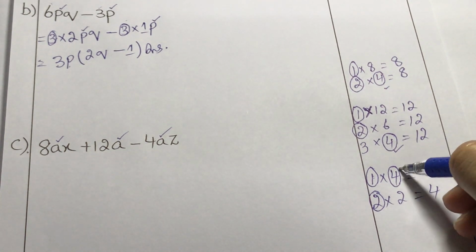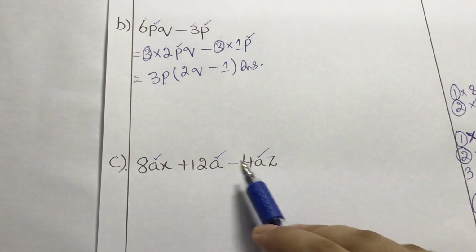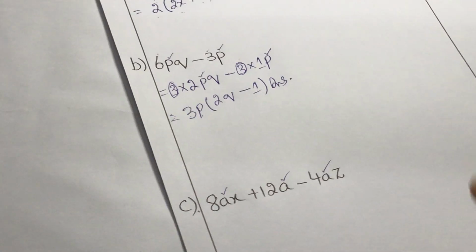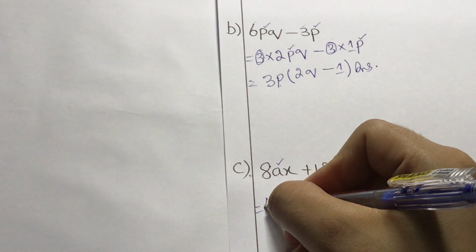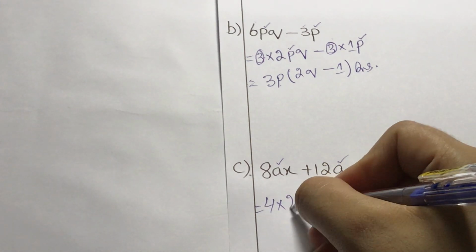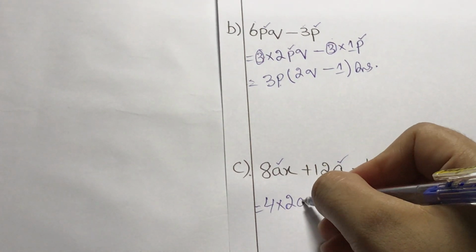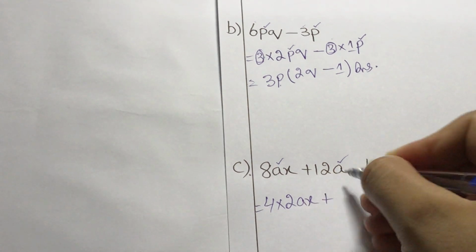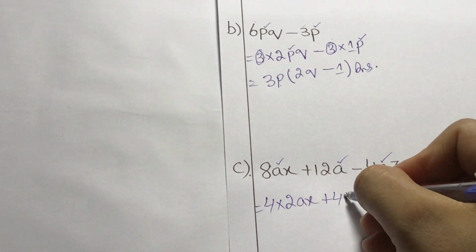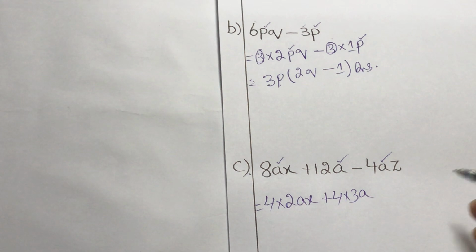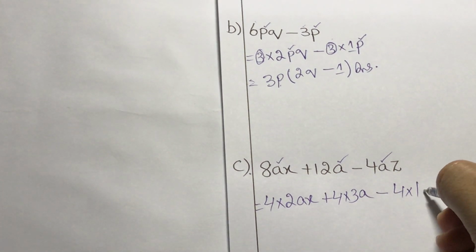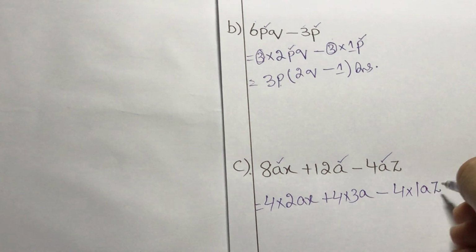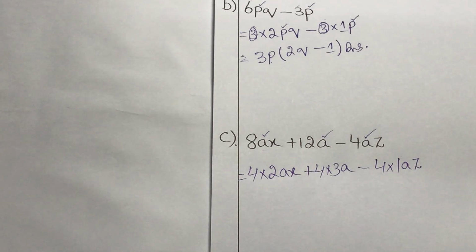So we will express all our coefficients in the terms of our common factor, that is 4. So we will write 4 2s are 8, keep the variables a and x, plus 4 3s are 12, keep the variable a, minus 4 1s are 4 and keep your variables a and z. Right?